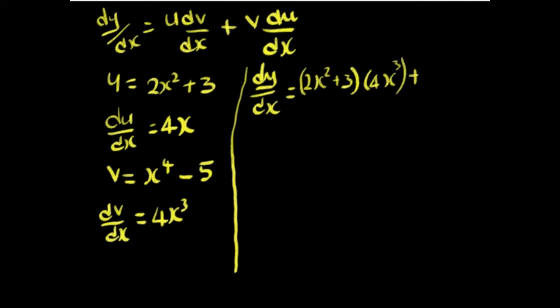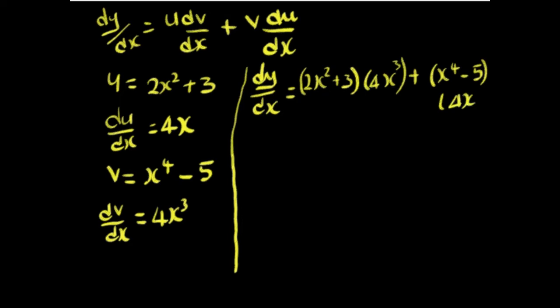Plus v. Our value of v is x raised to power 4 minus 5. You will multiply that by what you got when you differentiated u, which is du over dx. So du over dx would give us, let me write it down here, 4x.